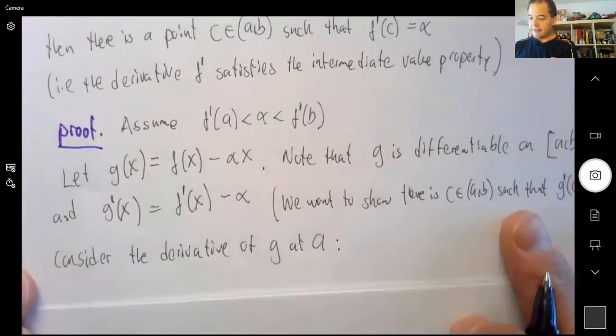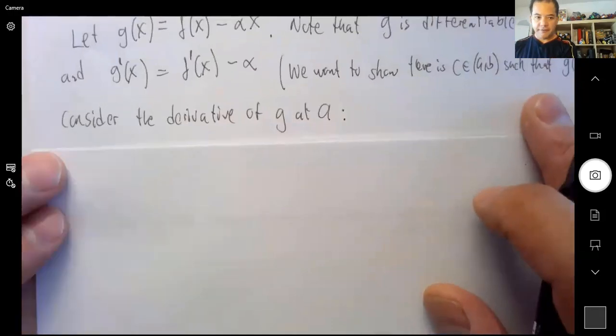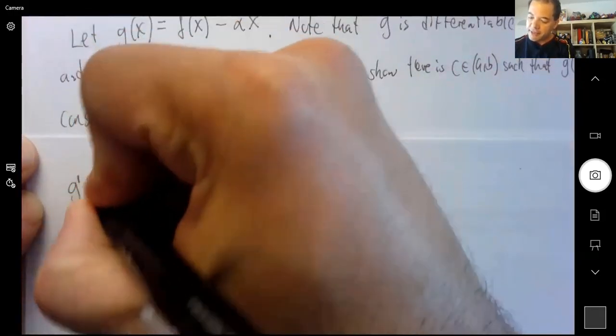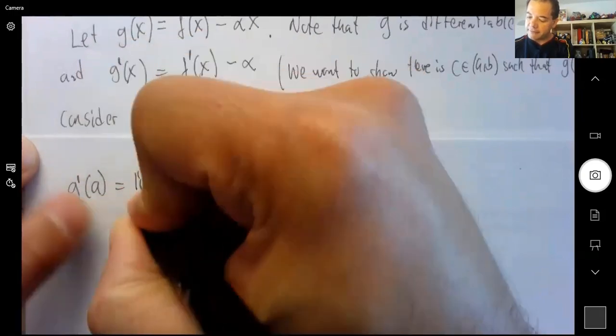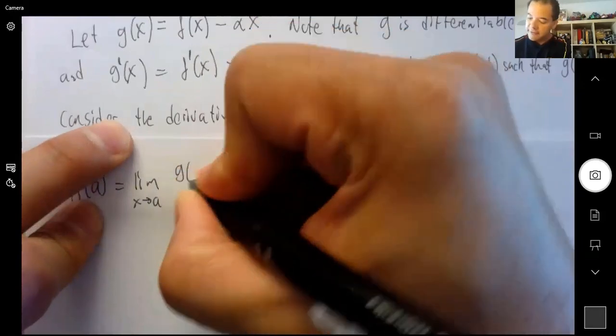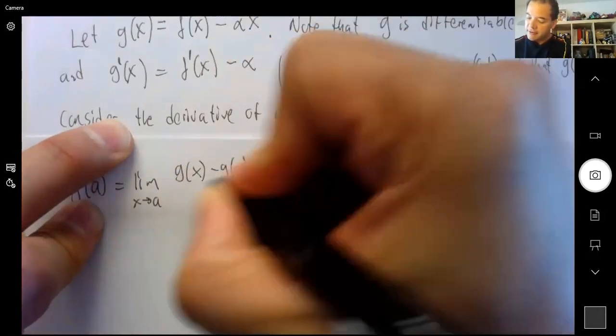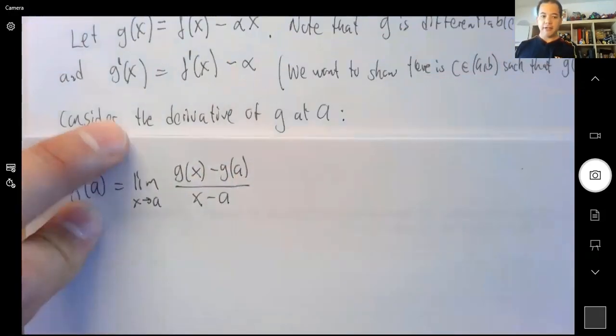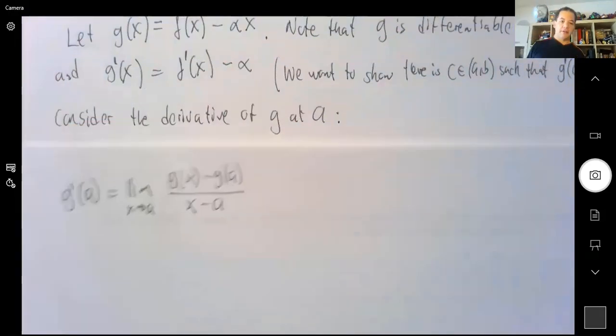So what is that? Well, that is g prime of A. What is it? It is the limit when x approaches A of g of x minus g of A over x minus A, right? So that's the derivative at A.